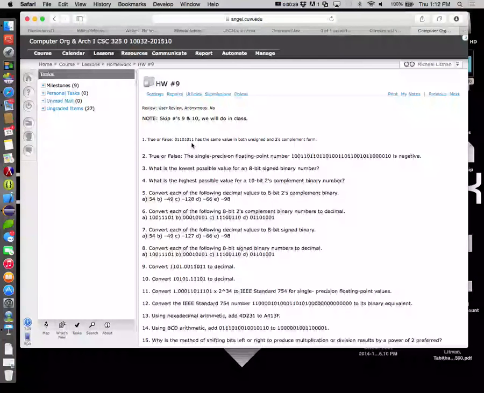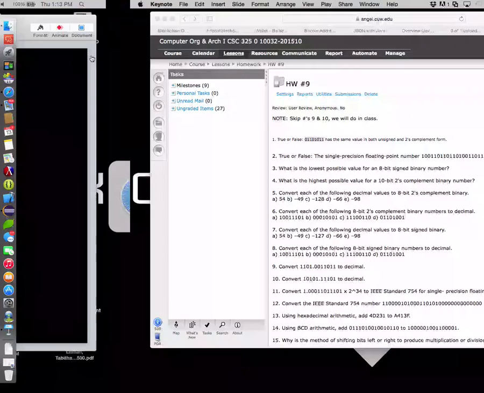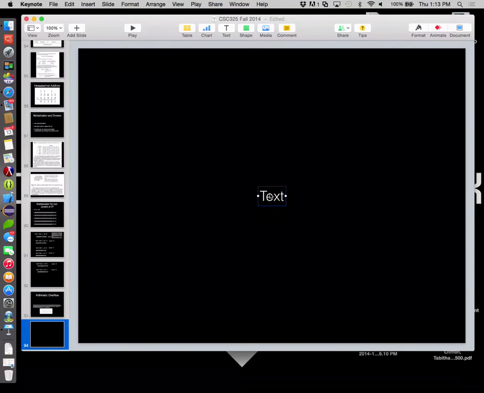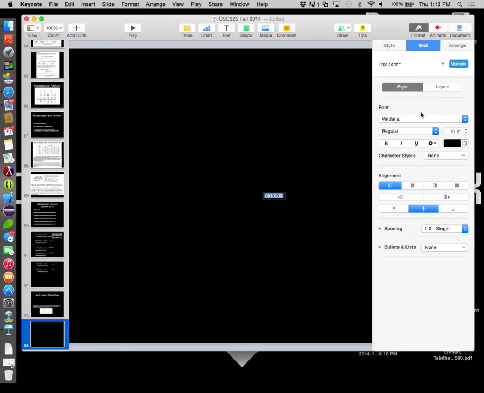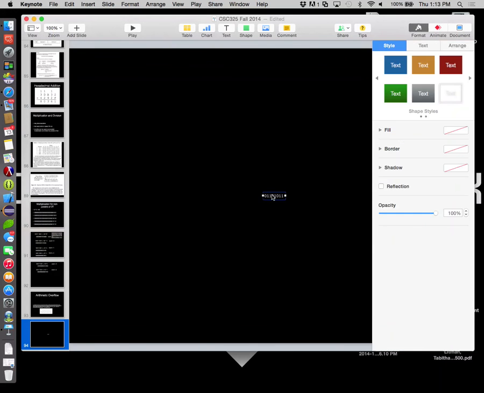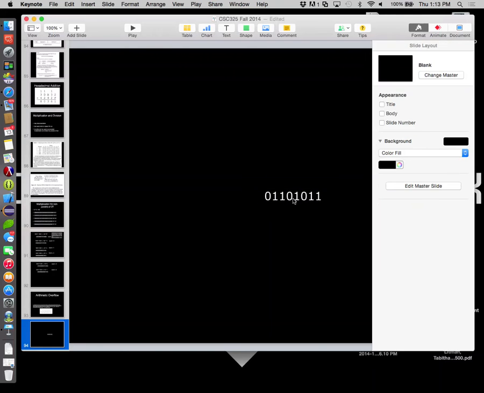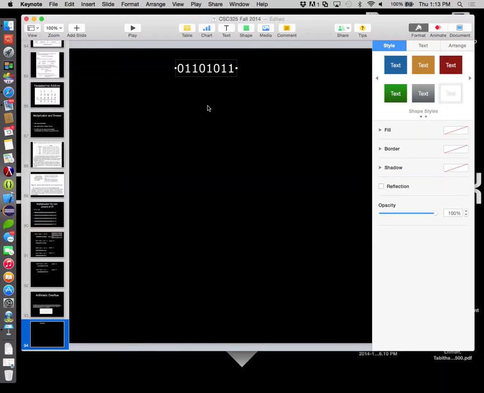Number 1, true or false? This value has the same value in both unsigned and 2's complement form. Well, let's look at this in unsigned and 2's complement. Okay, so is this the unsigned version of that number?